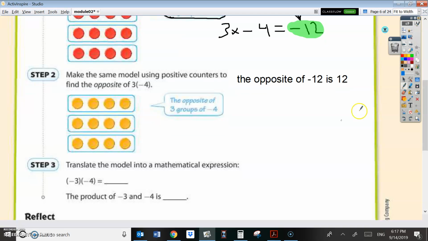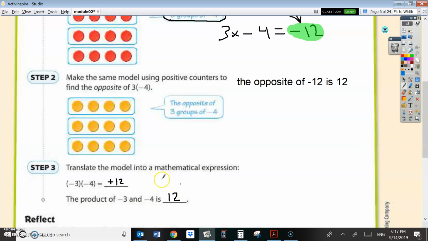So negative 3 times negative 4 is negative 12. Just kidding, positive 12. The product of negative 3 and negative 4 is 12. So this is bad things happen to bad people, and that's good.